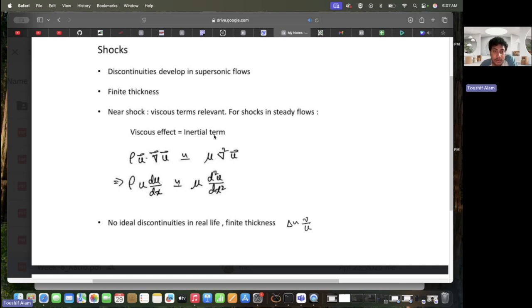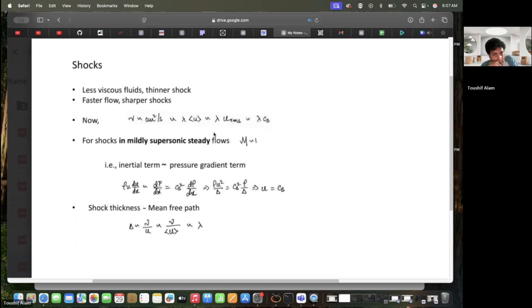So there are no ideal discontinuities in real life. The finite thickness delta will be nu by u. Less viscous fluids give a thinner shock.